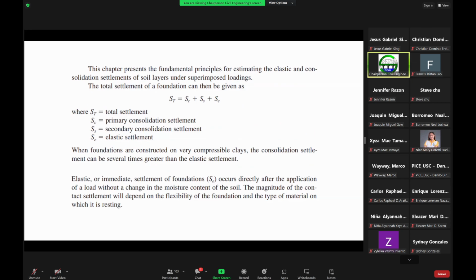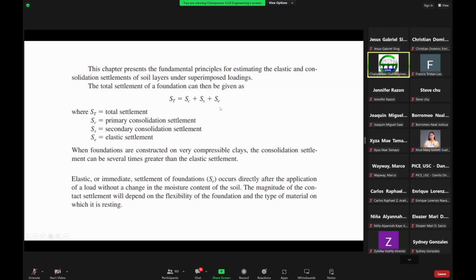Okay. So now for the total settlement. The total settlement can be defined as the sum of the primary consolidation settlement, the secondary consolidation settlement, and the elastic settlement or the immediate settlement.